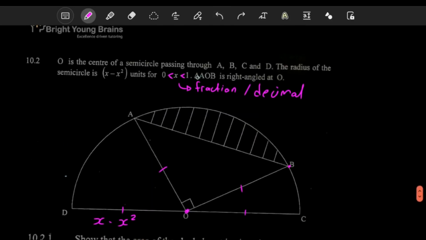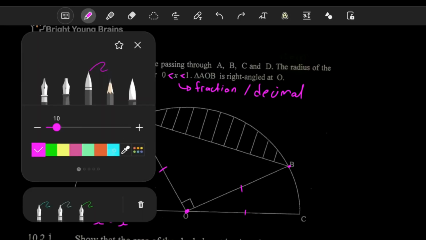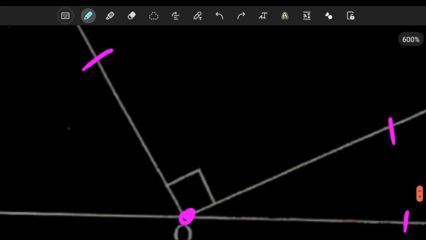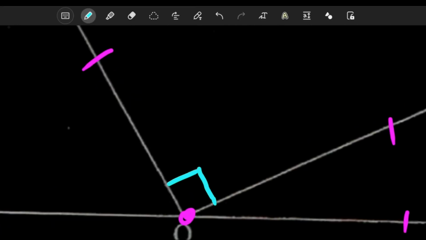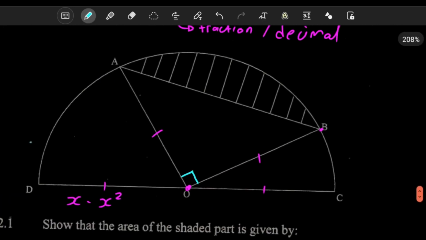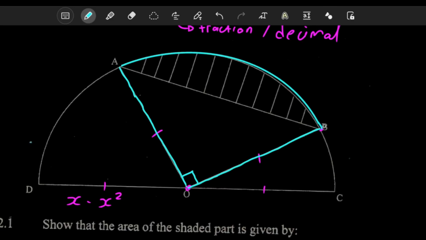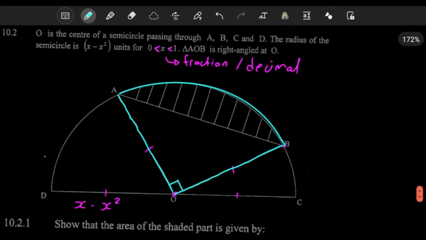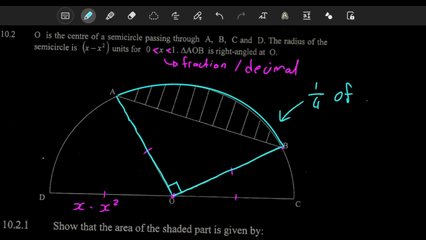They said triangle AOB is a right angled triangle. This is super important, because as long as this is equal to 90 degrees, this entire portion represents a quarter of your full circle.